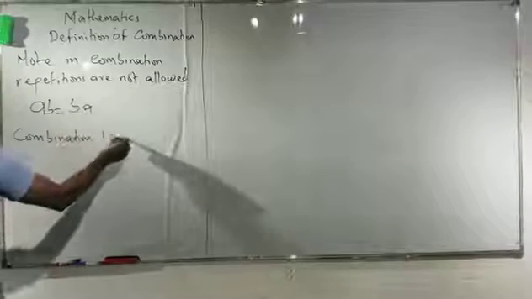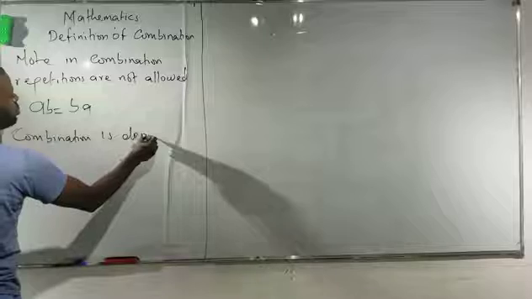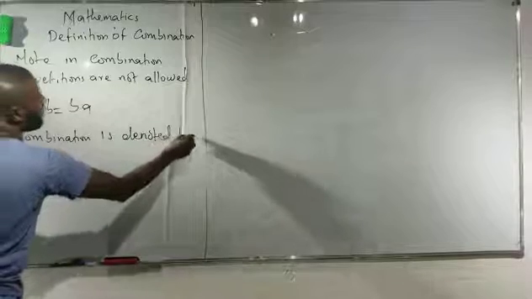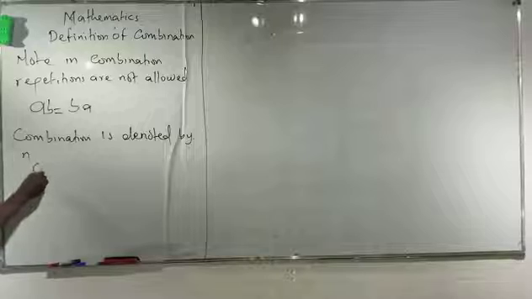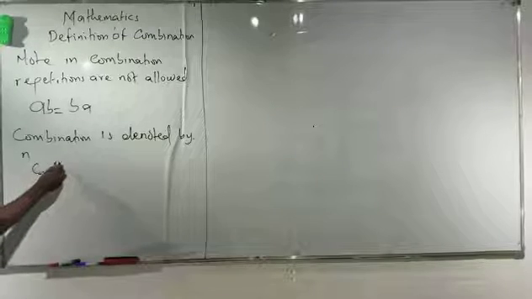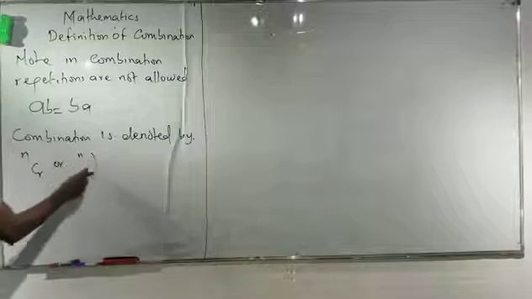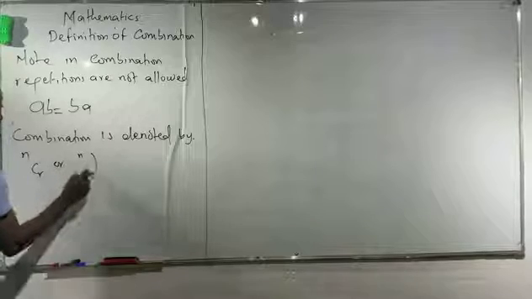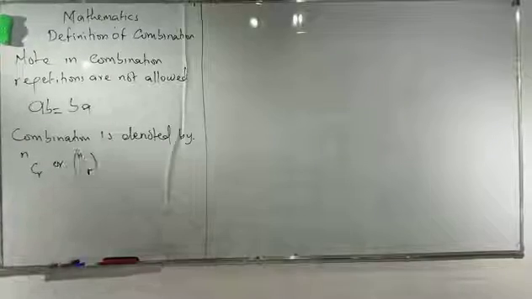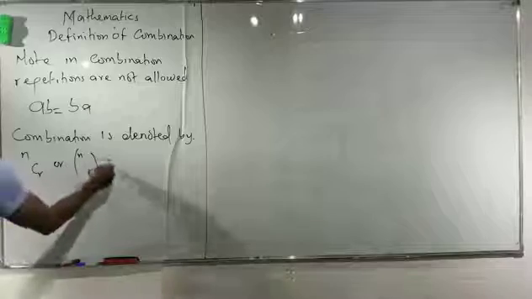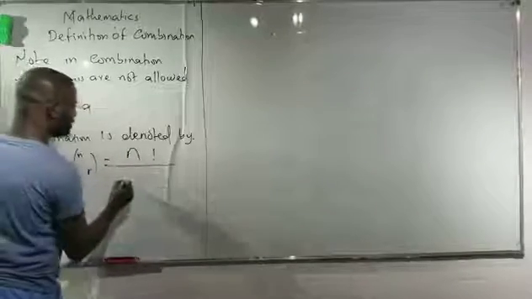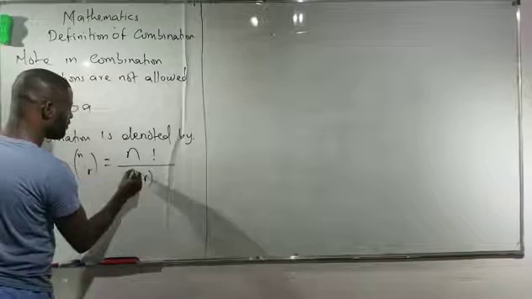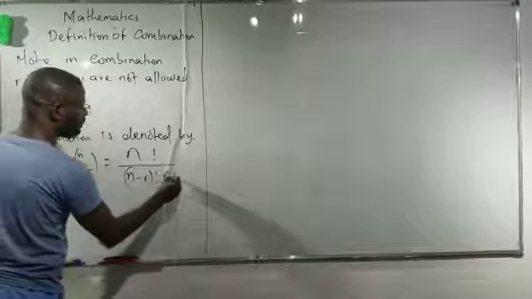Combination is denoted by n combined r, some people write it this way, and repetition of r is allowed. In interpretation, we have n factorial divided by (n minus r) factorial and r factorial.